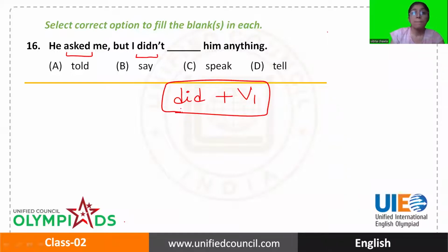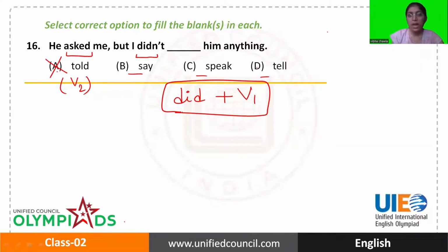However, this one is past tense, V2, the past form of verb, incorrect after did. Say, speak, tell. These three are V1, base forms of verb, right? So now we have to say contextually which one is correct.